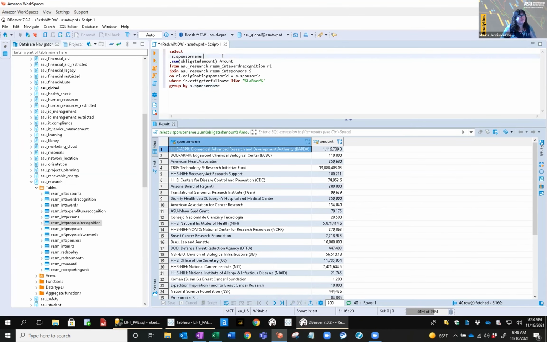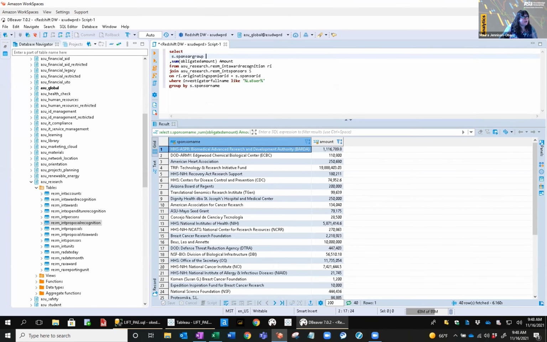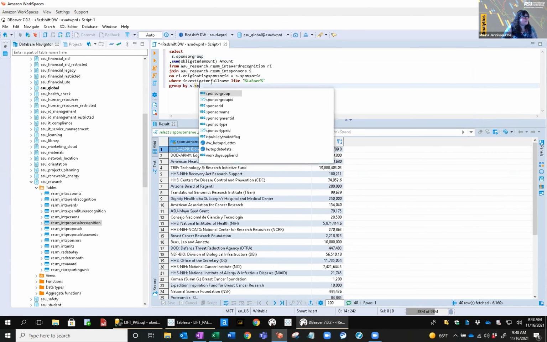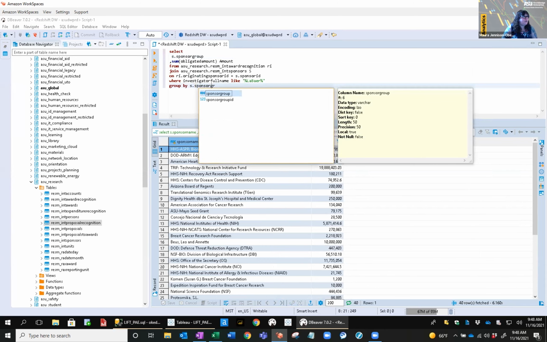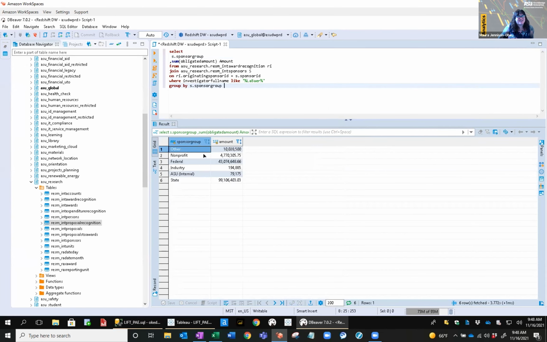So if I didn't want the sponsor name and instead I wanted to get a little bit more categorical, we'll go sponsor group or sponsor type even. And let's just go sponsor group. Tabbing. Enter. Here we go. So now here are the sponsor groups, all of Dr. Josh LeBaer's recognition for the group. So that's pretty cool. Makes it nice grouping there.